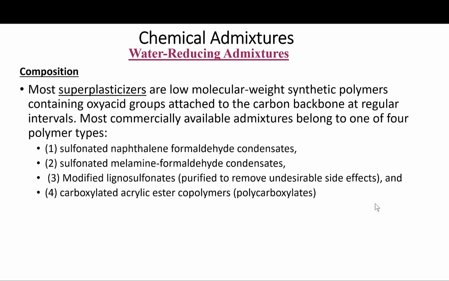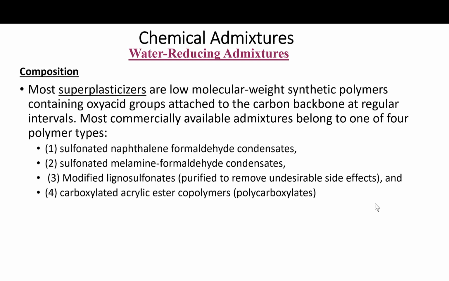So the acid groups are responsible for basically producing a negative surface charge on the cement particles, and thereby dispersing the particles by electrostatic repulsion, as in the case with conventional water reducers.